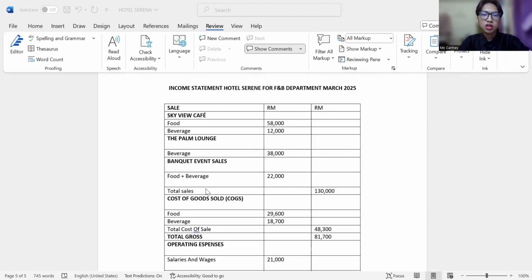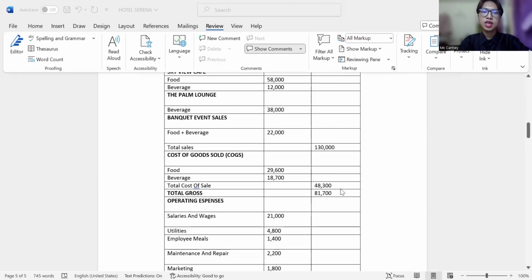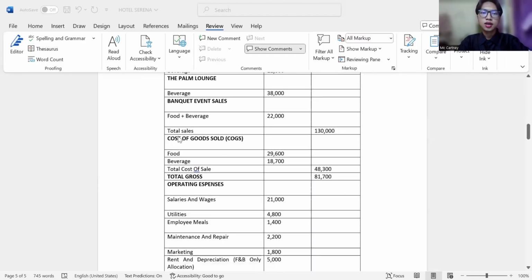To get total sales, we add this data: 58,000 plus 12,000 plus 38,000 plus 22,000, and we get total sales equal to 130,000.